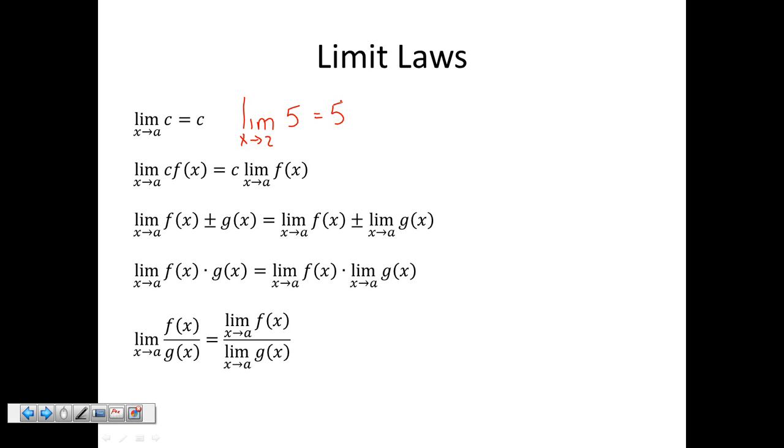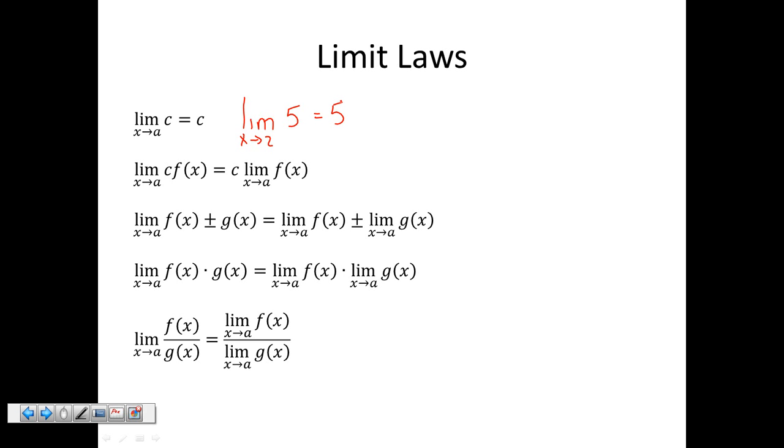Our next one, we see the limit of a sum or a difference. If we have the limit as x approaches a of a sum of functions, well, we can go ahead and take those two limits separately, get our answers, and then add up those answers. And the same thing with the difference. We can break these up. Next one down, we see the limit as x approaches a of a product. Again, we can break this up.